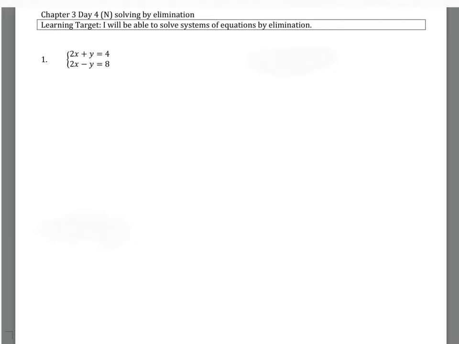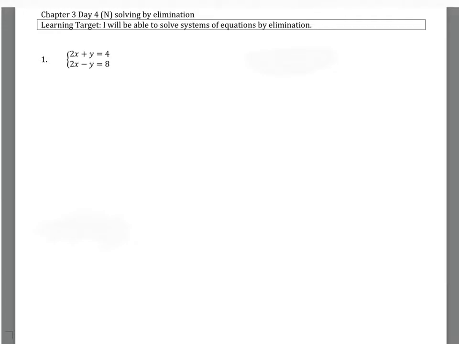We have 2x plus y equals 4, 2x minus y equals 8. I'm going to do this particular problem, number 1, in 2 ways to show you. And then you can choose the way you like. I'm not trying to confuse you, I'm showing you the ways to do the problem, so pick the one you like.